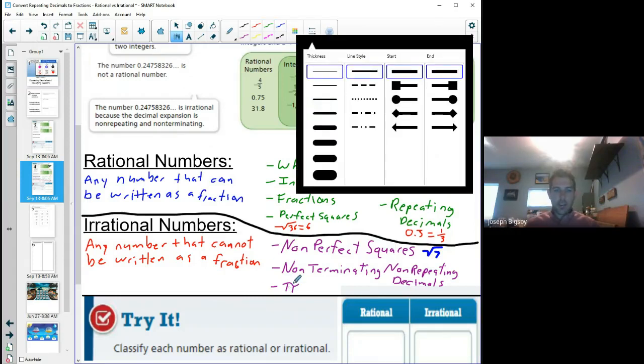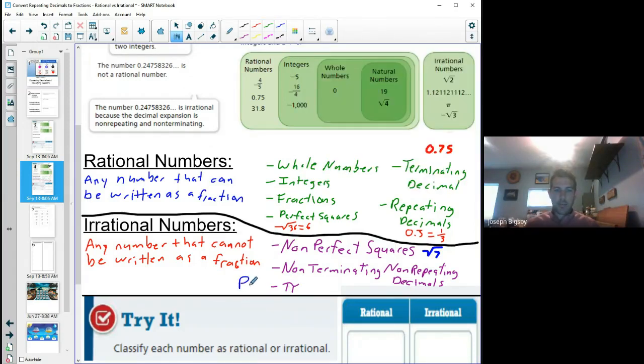This is pi right here, or its symbol, pi. And pi looks like this, and it's estimated to be equal to 3.14, and then it does not repeat those numbers. It has different numbers, and it goes on forever, making it a non-terminating, non-repeating decimal and the most famous irrational number.